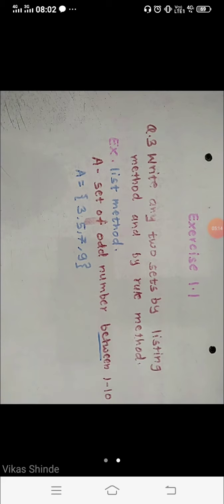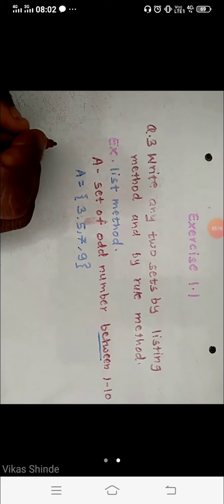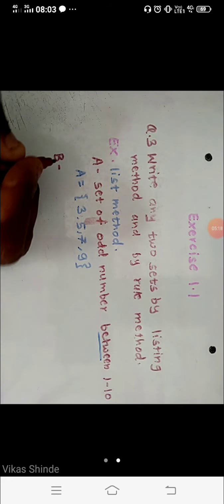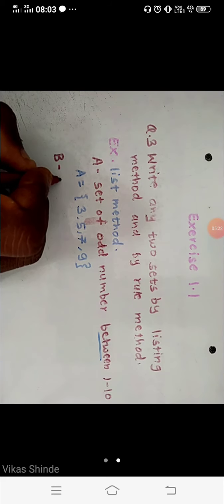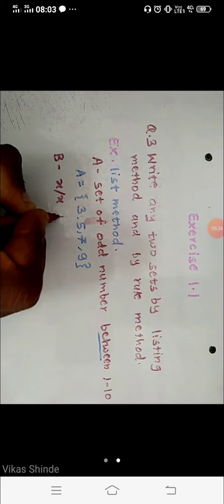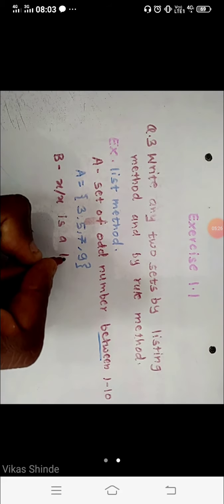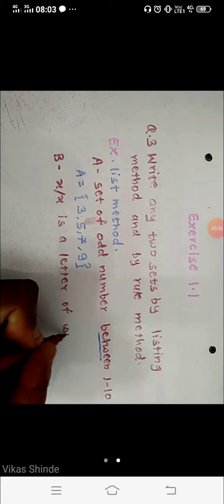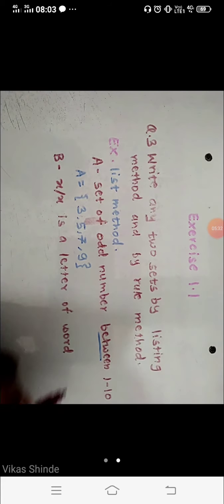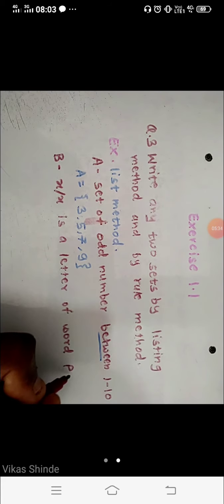Next one, second example here, suppose I write here B. Suppose B equals x such that x is a letter of the word, I write here, suppose, Pune.